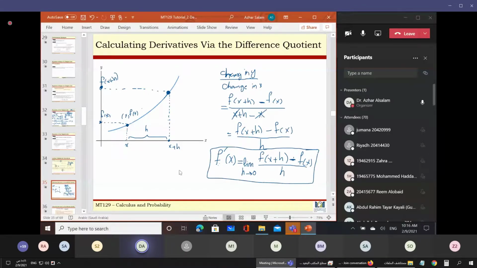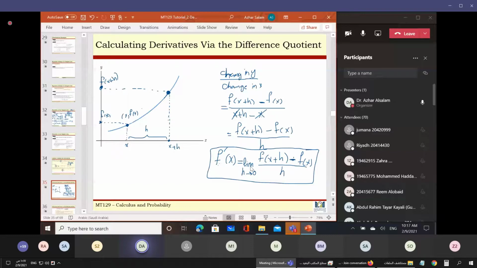We will take some applications, of course, to find this derivative using this definition. In the exam, if the question is to use the definition to find the derivative, you have to use this definition. You don't have to apply the rule immediately. We will take some examples to know how to use this definition and how to take the limit.